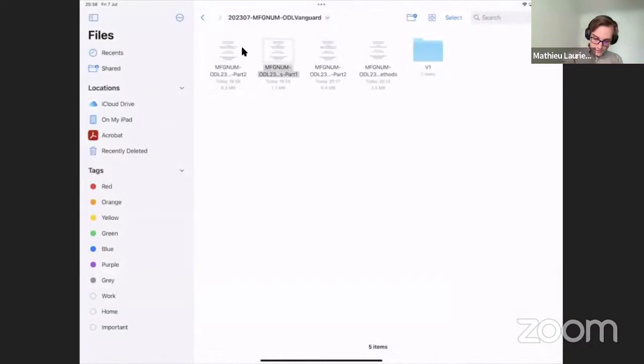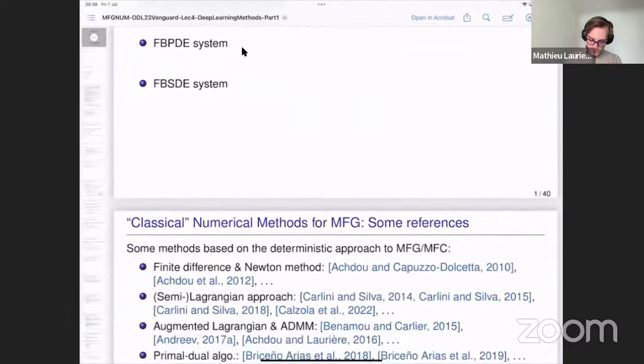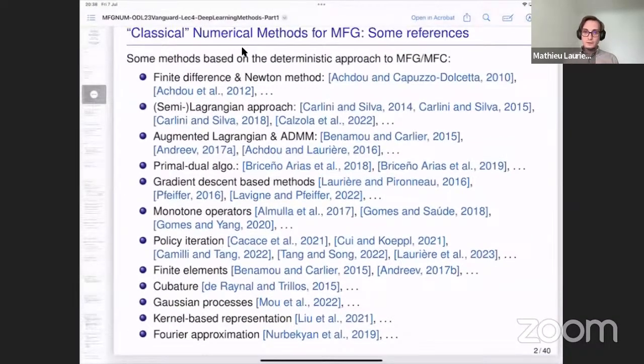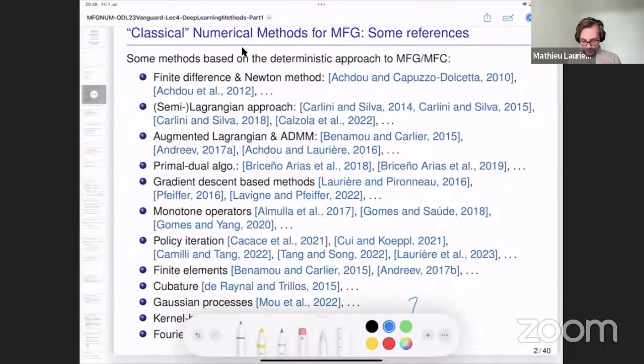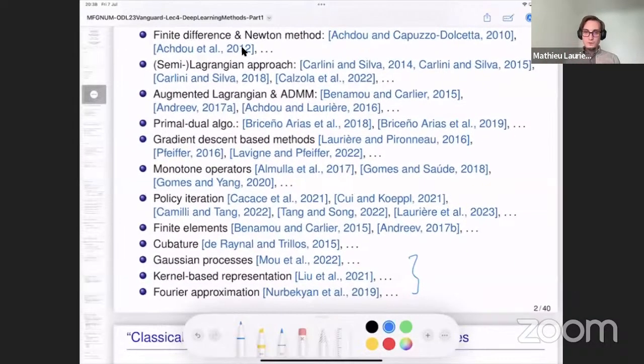Furthermore, I have added some references in this slide deck. At the end of the previous lecture, someone asked about kernel-based methods. So here I added what I had in mind. I don't know if it answers your question, but there are some other papers. As far as I know, there is not a very long trend of papers on this topic, but probably more than just the 3 I'm citing here. There is probably more in the literature.